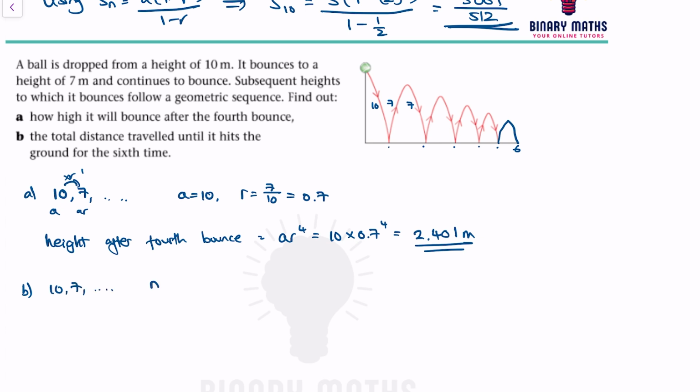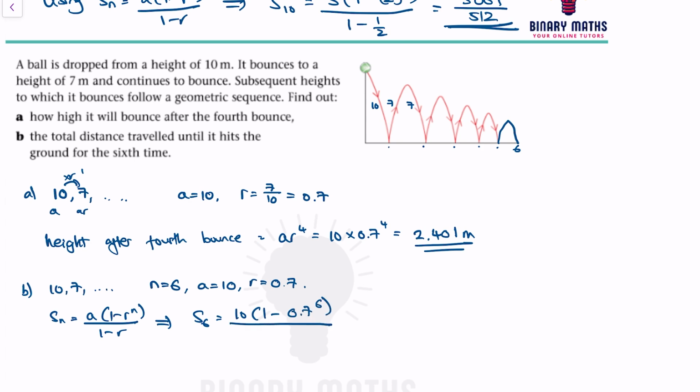So n is equal to 6, a is equal to 10, r is equal to 0.7, then S_n is equal to a times 1 minus r to the power of n over 1 minus r, which implies S_6 will be equal to 10 times 1 minus 0.7 to the power of 6 all over 1 minus 0.7.